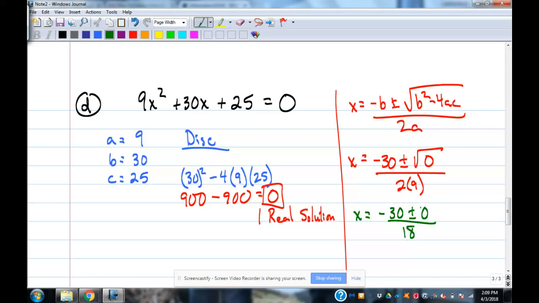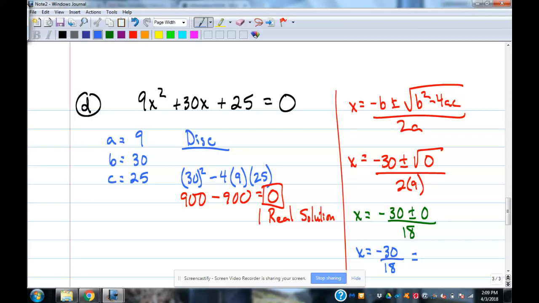If I add 0 to negative 30, what do I get? I get the negative 30 back. If I subtract 0 from negative 30, I get negative 30 back. So adding and subtracting 0 doesn't do anything to that number in front. So the only answer I have is negative 30 over 18, and I just need to reduce that.